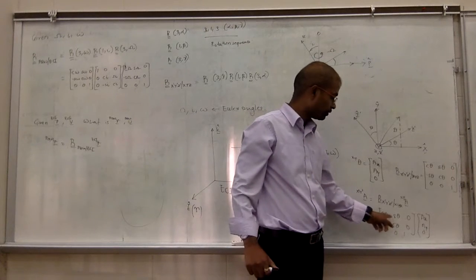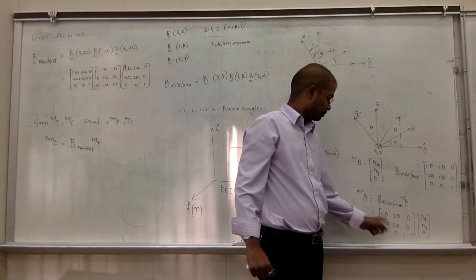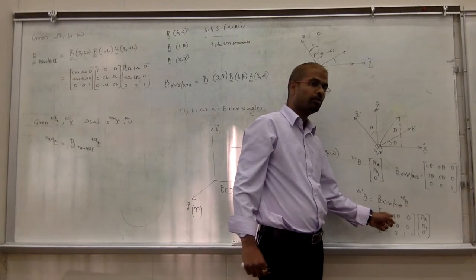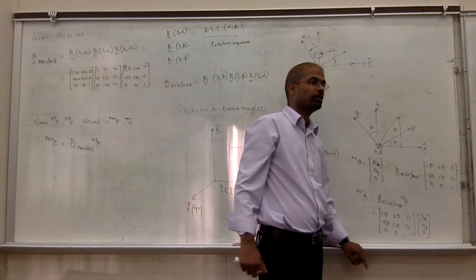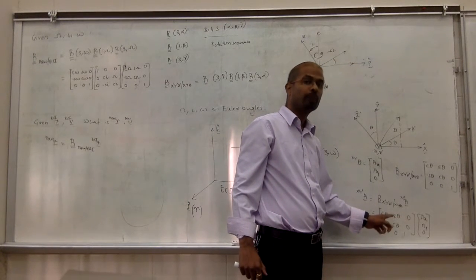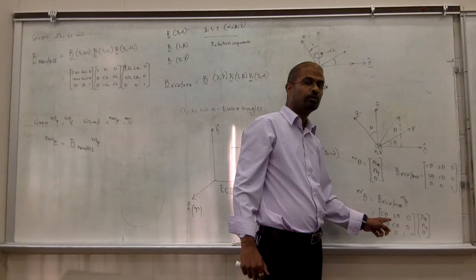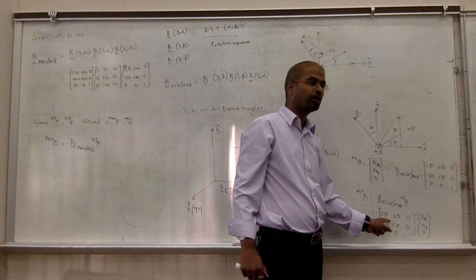What is the order of this matrix? What is the resultant of this multiplication? What is the order of the resultant? It will again be a 3 by 1 matrix, because it's 3 by 3 multiplied by 3 by 1, you're going to get a 3 by 1.